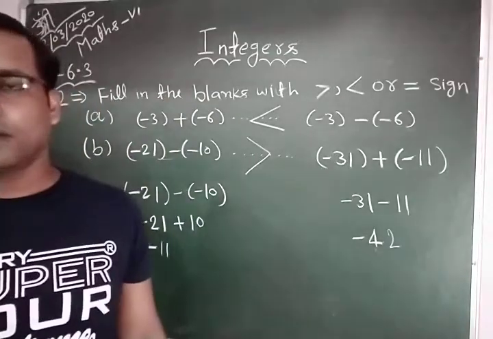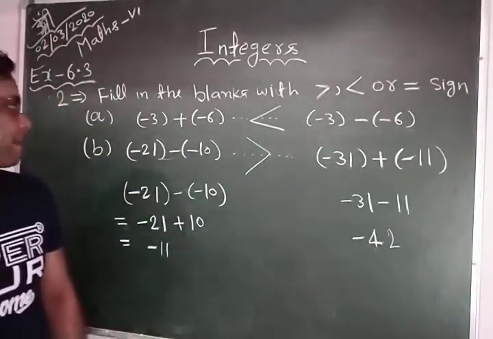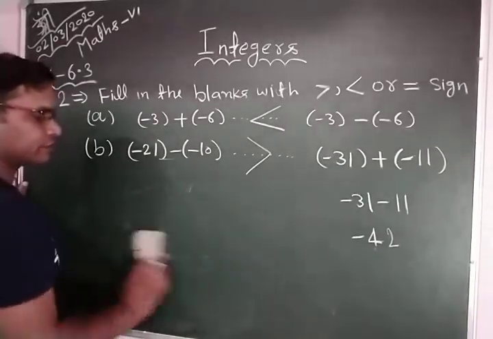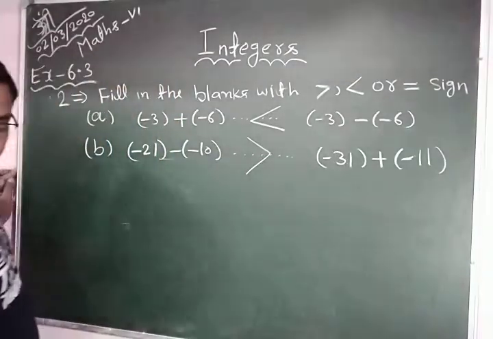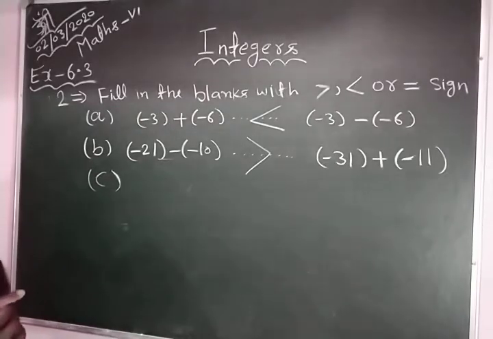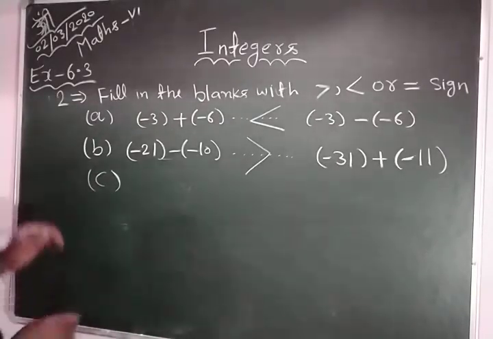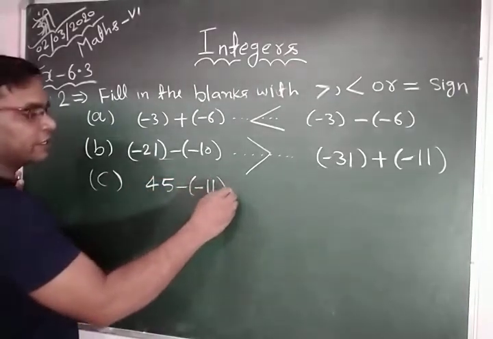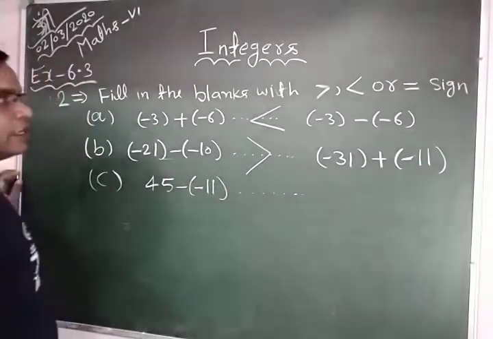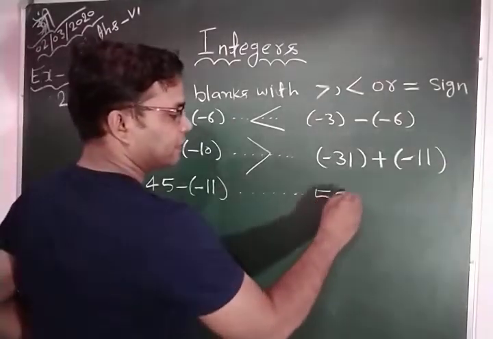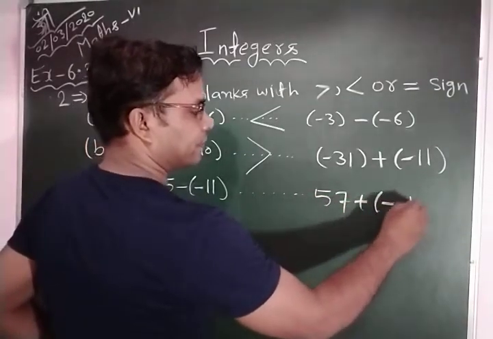Okay. Now we are going to discuss the C part of question number 2. This C part of question number 2 has 45 minus minus 11, blank space, and minus 57 plus minus 4.